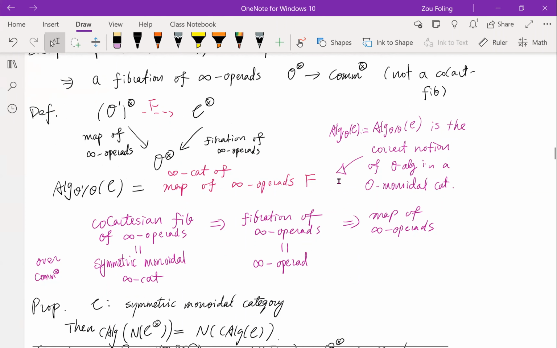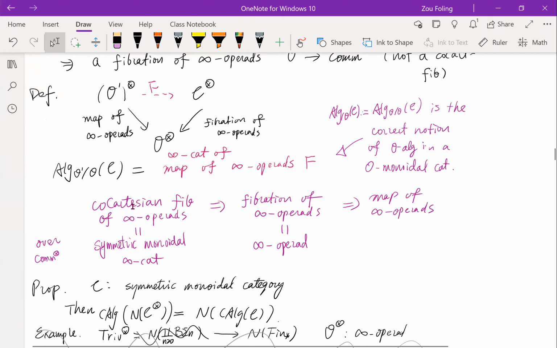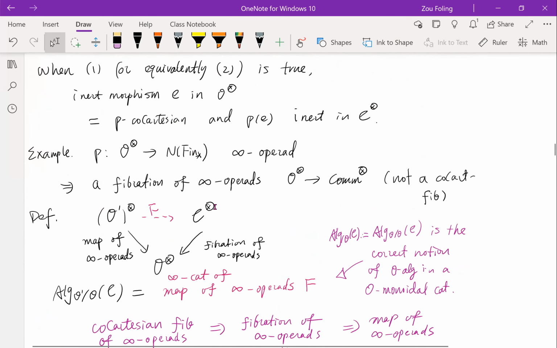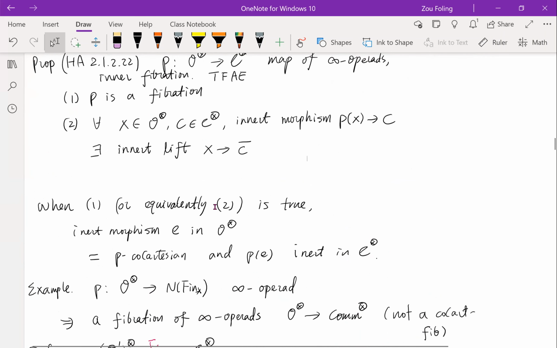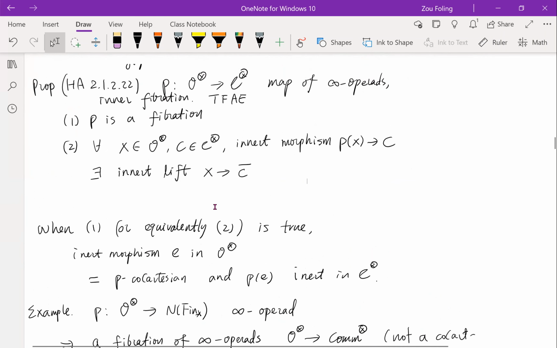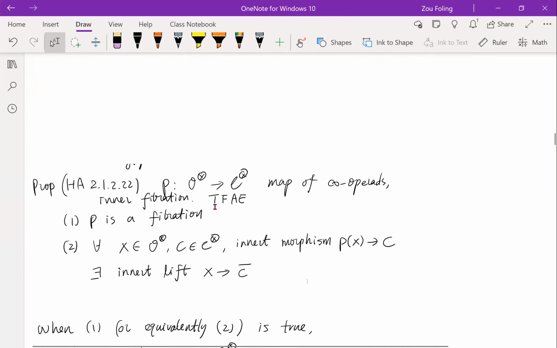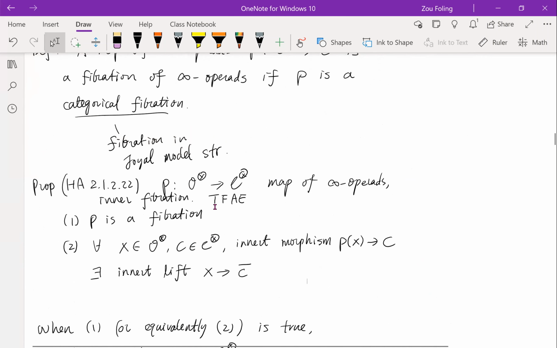Okay, and this is a summary of how to understand these notions. Co-Cartesian fibration of infinity operads is stronger than fibrations of infinity operads, and stronger than map of operads. How do we see this arrow? Well, we can see it in different ways.